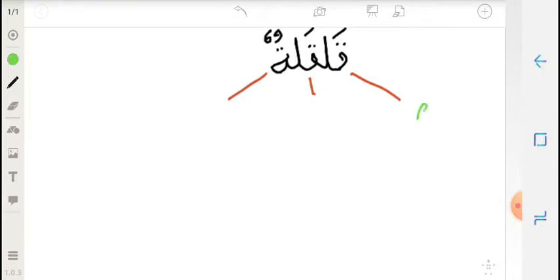The first one is Qalqalah Sughra, which is Sad, Ra, Sad, Ghain, and Ra. Okay, the second one is Qalqalah Kubra, and that is the middle one. And the last one, I'm just going to change the color for the first letter, which is Alif Hamza with a fatha, and then I'll go back to the original colors. Qalqalah Akbar.